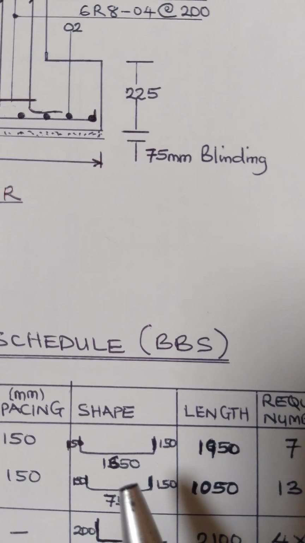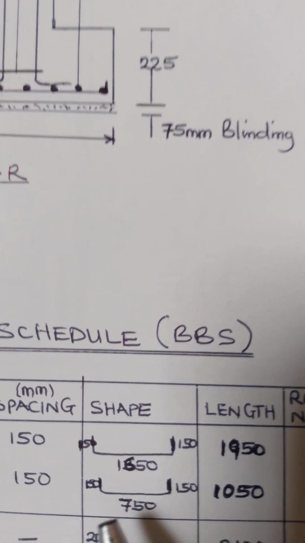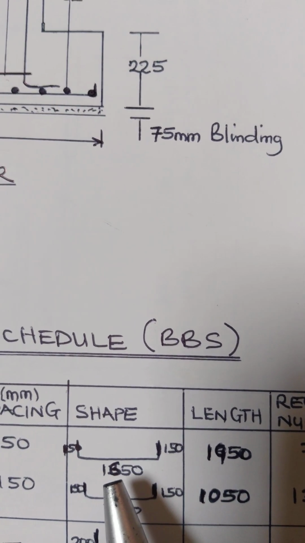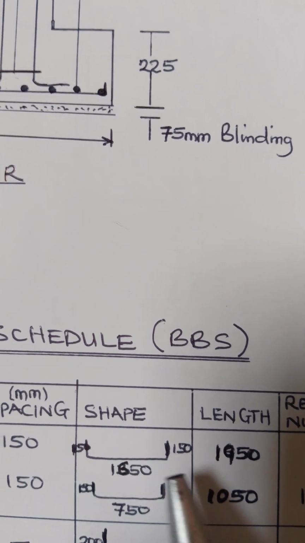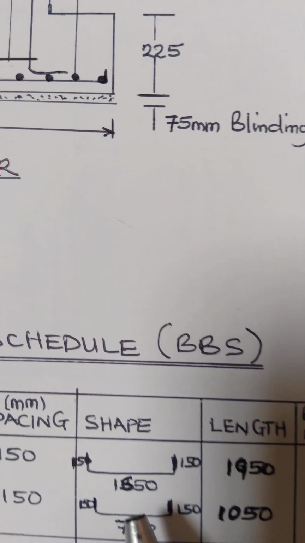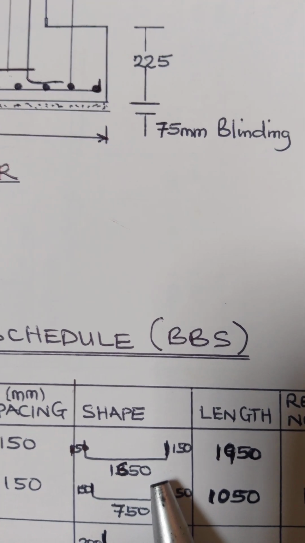Then now this is the reinforcement for that rectangular base. So what it means is that we are expected to have 150 bends at both ends. So we are left with 1650 millimeter.